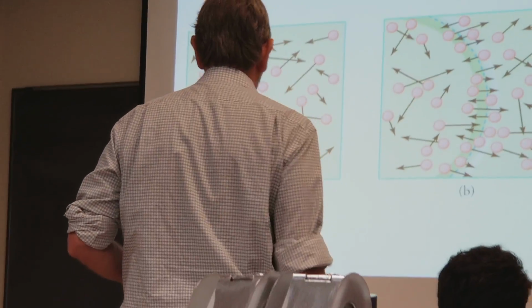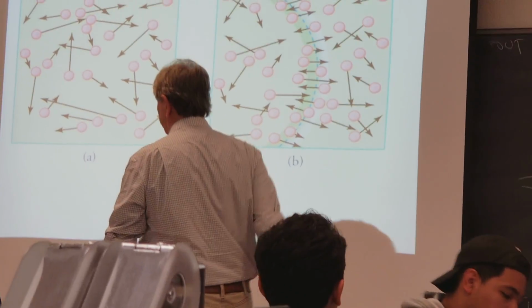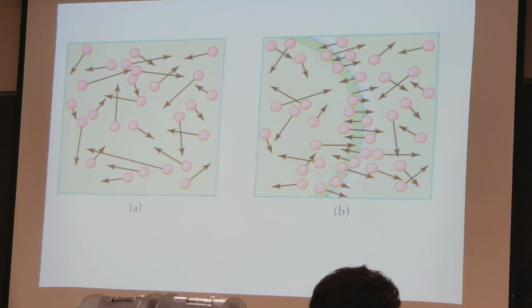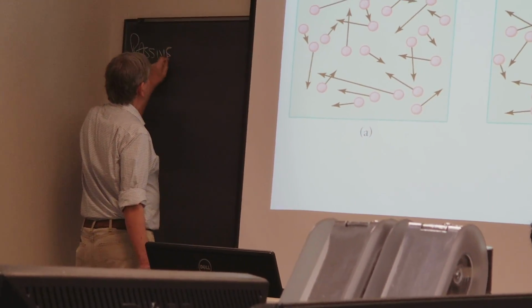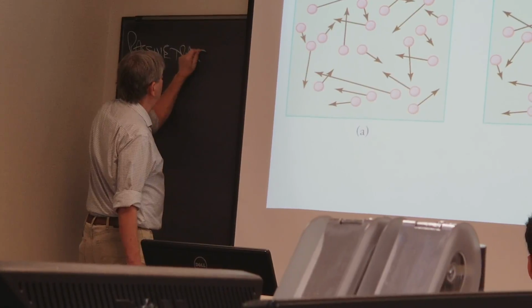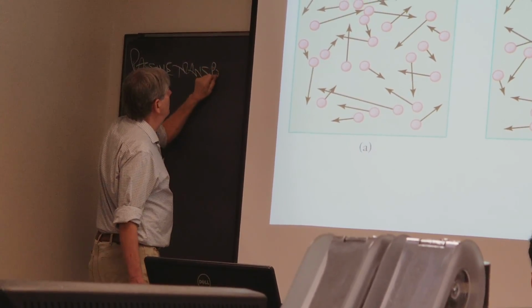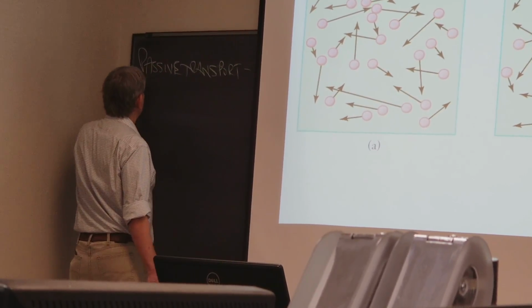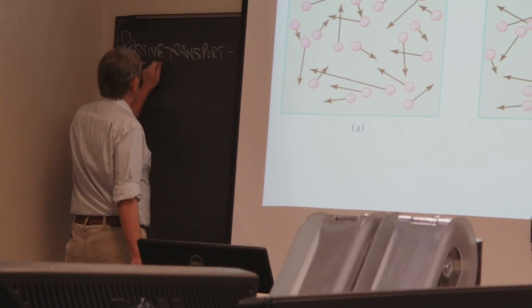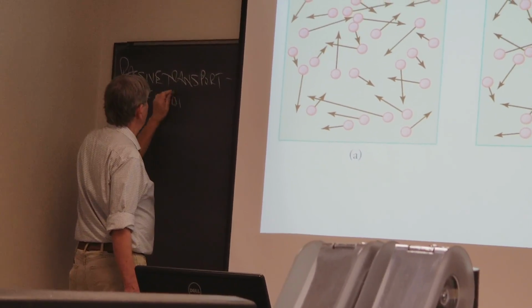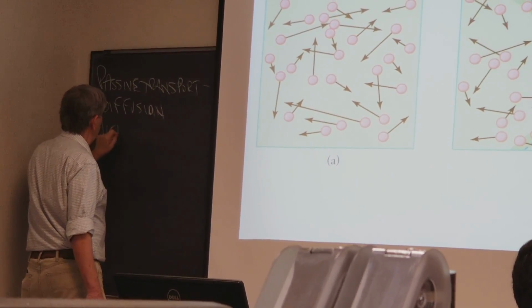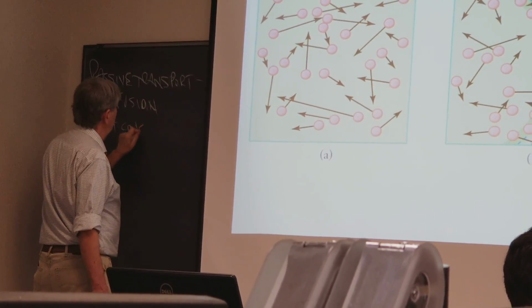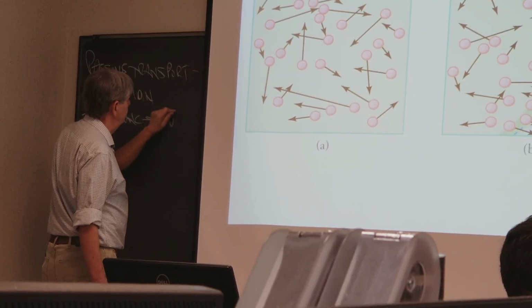Yes. All right, so let's talk about passive transport, then we're going to talk about active for a second. All right, so passive transport, which is also called diffusion, is the movement of substances from high concentration to low concentration.